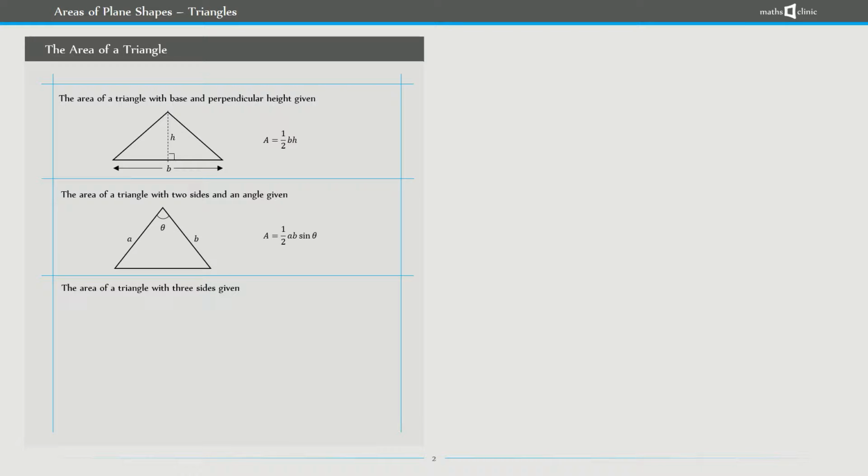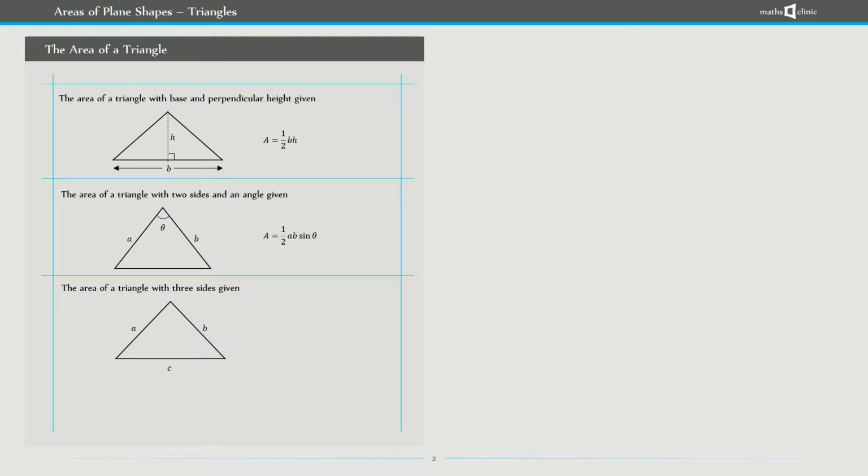Now, the third situation you can experience is one where you're asked to find the area of a triangle with three sides given. So a triangle like this, you have A, B, and C, the three sides of the triangle.